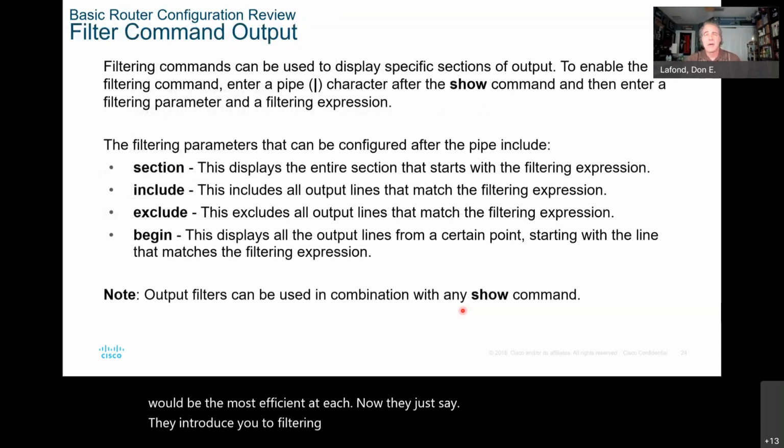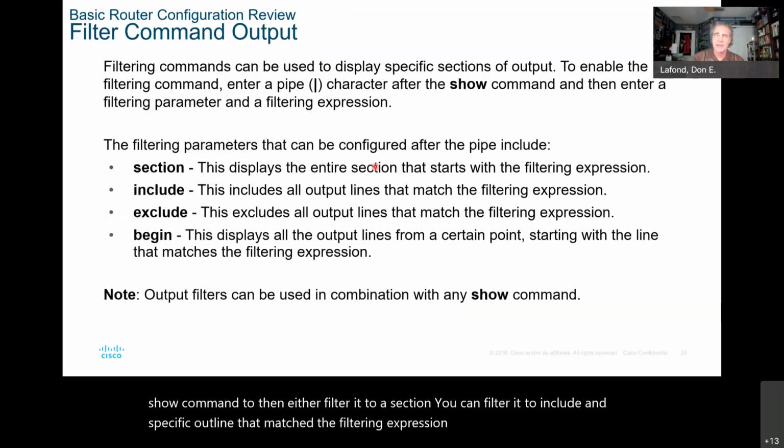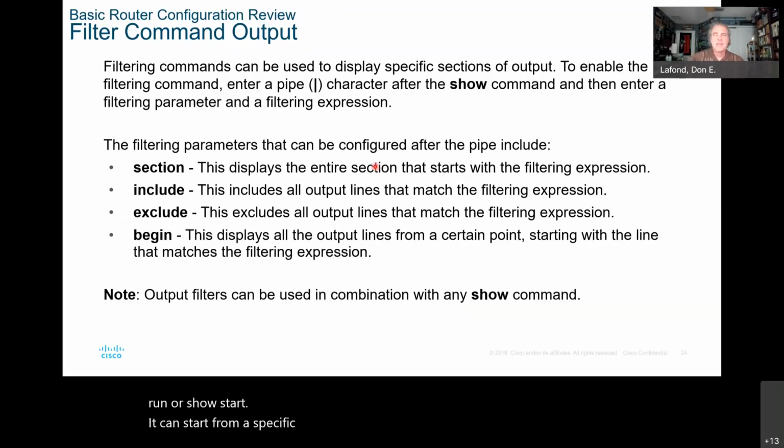Now they introduce you to filtering. Filtering allows you to add a pipe command after the show command to filter the output to a section. You can filter it to include specific lines that match the filtering expression, you can exclude specific content that matches, or you can have the display start from a specific point, say in a show run or show start, that matches the filtering expression.